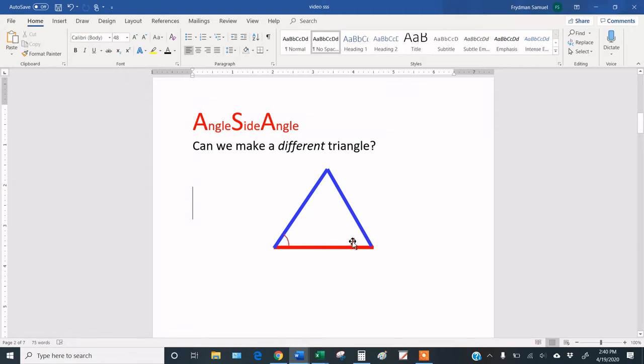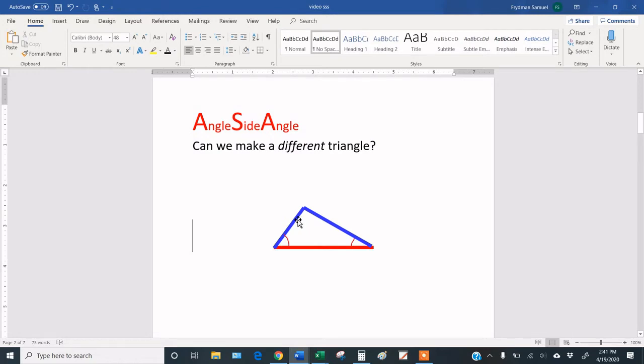So the angle used to be pretty small, and by rotating this side around, I actually made this angle bigger. I'm not allowed to do that because this angle was drawn in red. I'm not allowed to change how big that angle is. So I'm going to have to try again. That was no good, what I just did.